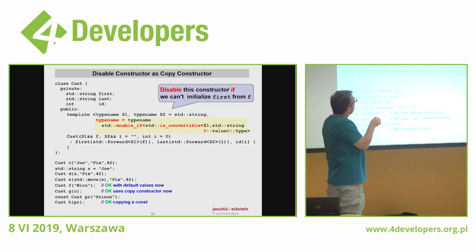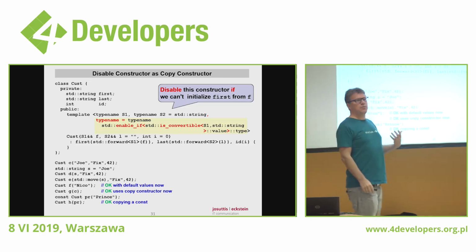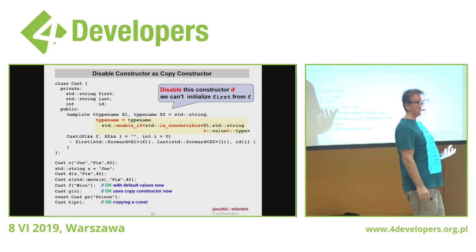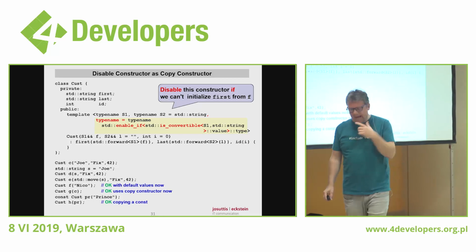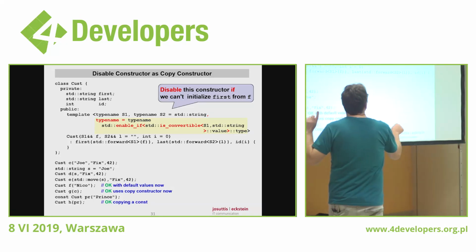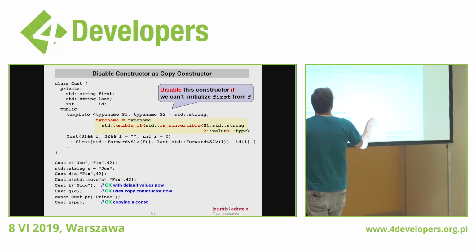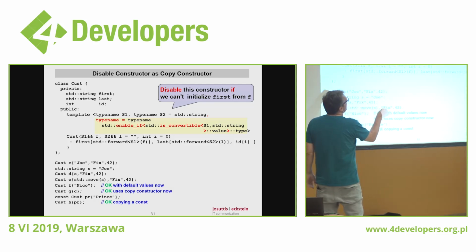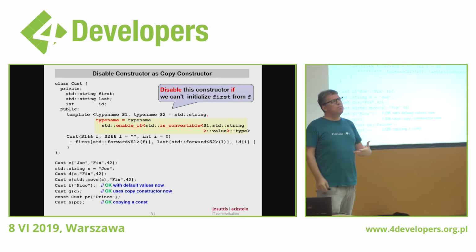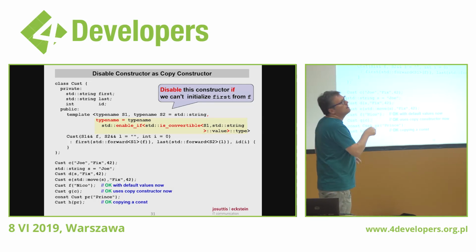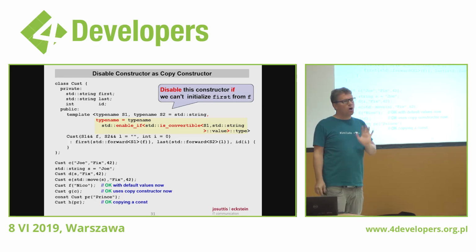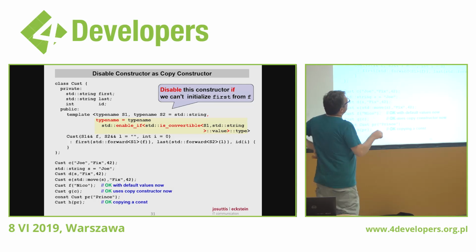It's just to have somewhere the expression enable_if, which is a nice trick of templates, a scary nice trick, well, a bad trick, a helpful trick, let's do it that way, to say if this condition is true, we enable this whole thing. Otherwise, when we compile, we assume this constructor doesn't exist at all. So we say, enable this if S1 is convertible to std::string, and the rest is syntactic sugar.